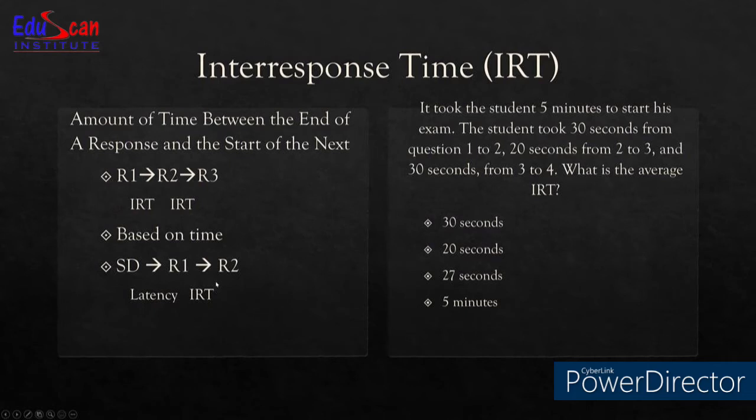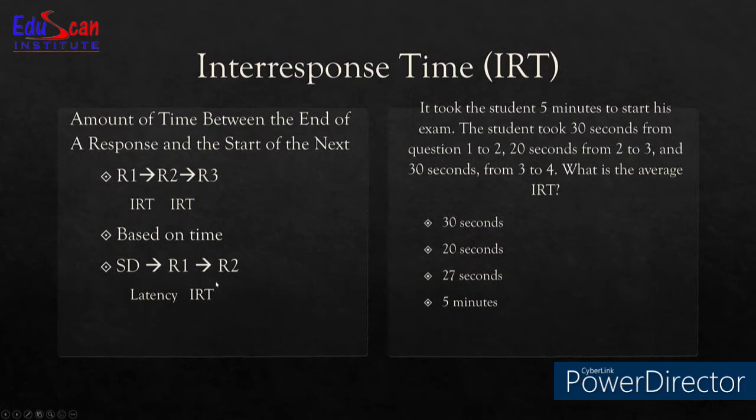All right, let's take an example for inter-response time. It took the student 5 minutes to start his exam. The student took 30 seconds from question 1 to 2, 20 seconds from question 2 to 3, and 30 seconds from 3 to 4. What is the average IRT?